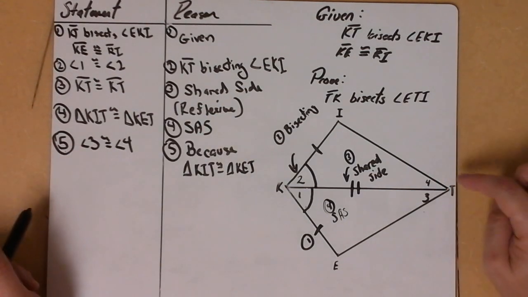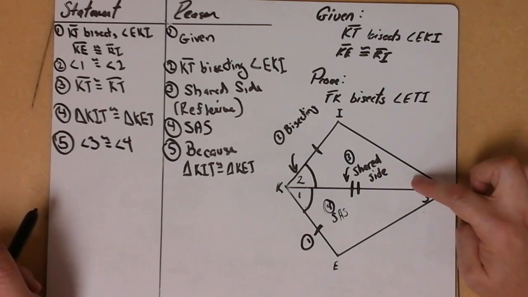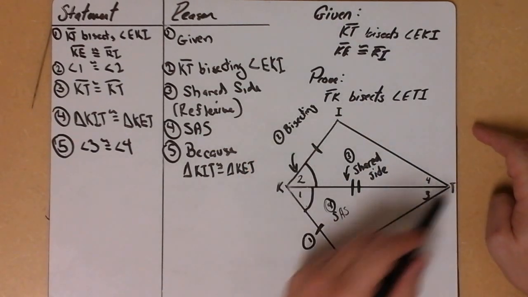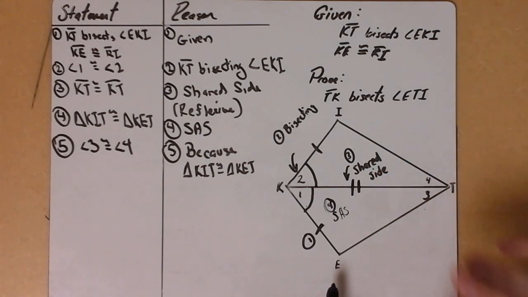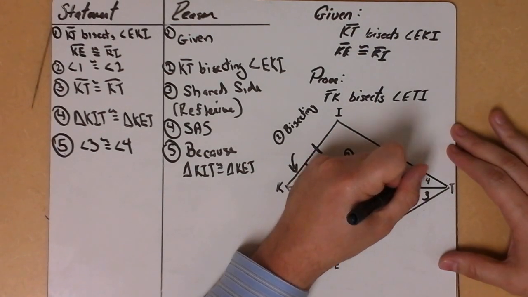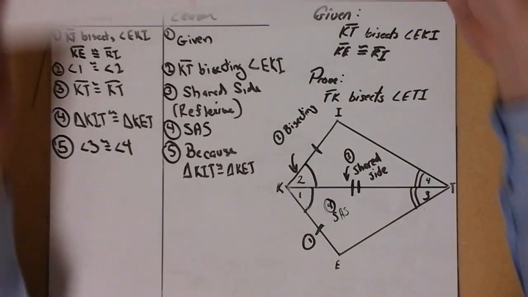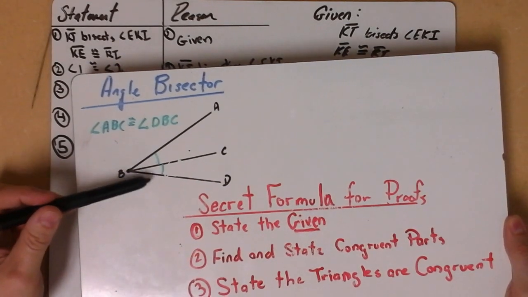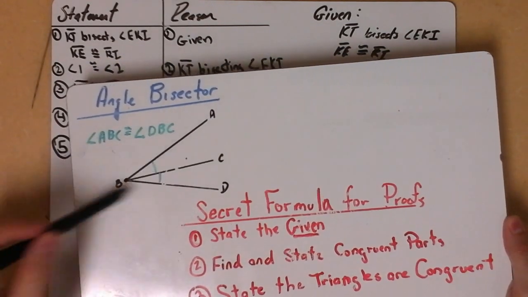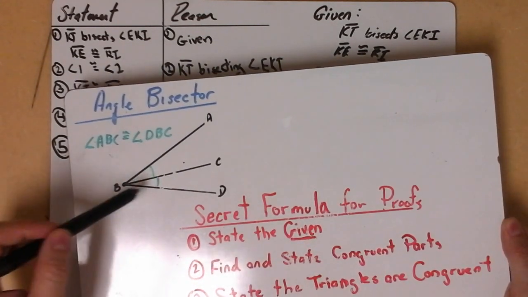So what I did, as I said, this angle of triangle KET is congruent to this angle of triangle KIT because both triangles are the same. So they have to be the same. And I'm going to mark those off. Okay. Now before going back, I stated here, I'm going to grab this real quick. I stated that if I have two congruent angles, I can say that this is a bisector. The same way that we could say that if this is a stated bisector, these are the same.